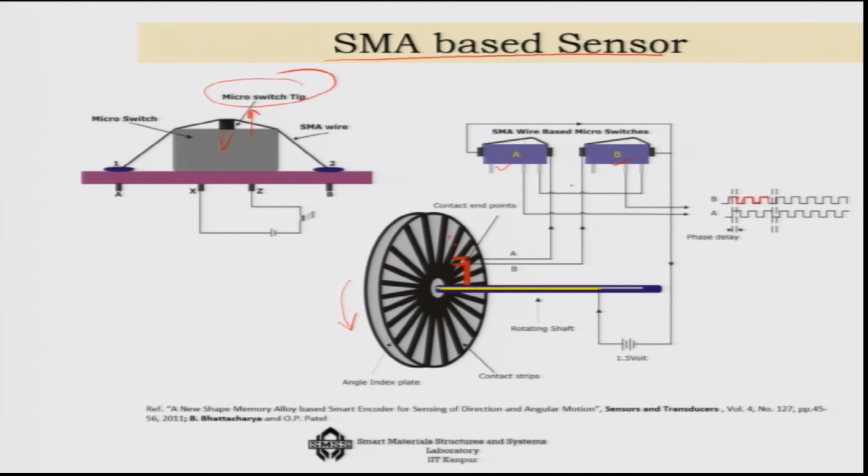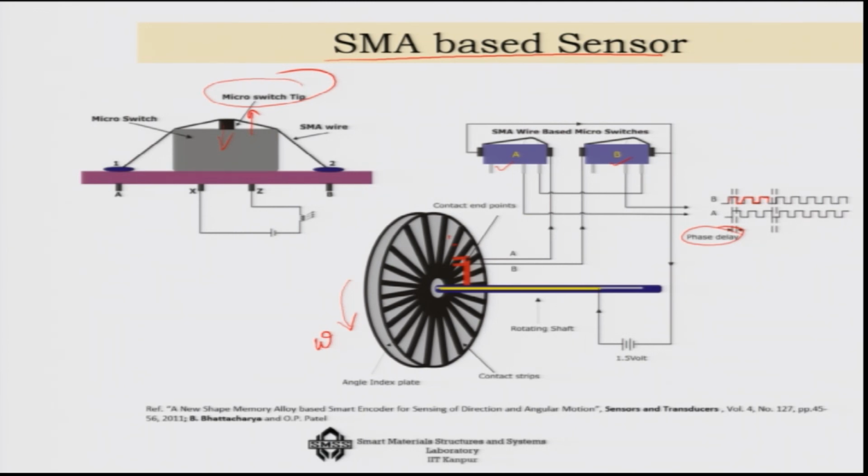Now, if you have 2 such switches with a phase lag between them, then you get a phase difference between 2 adjacent switches. So, by measuring this phase delay, you should be able to say how fast the angular rotation omega is taking place in this disc, and by integrating that you should also be able to say how much angular deformation has taken place. So, this can be used for angular sensing by using SMA.